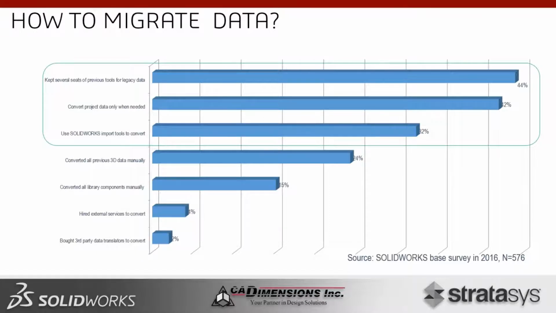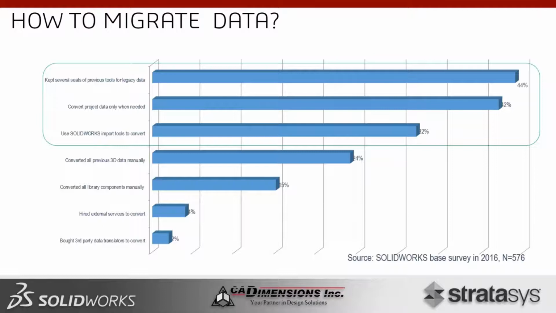So when SOLIDWORKS did a survey about migrating data, and this term is probably a little tighter than I'd want for this conversation, but when we talk migrating data, we're just talking data that's in another format, how we get it into SOLIDWORKS and why we do it.